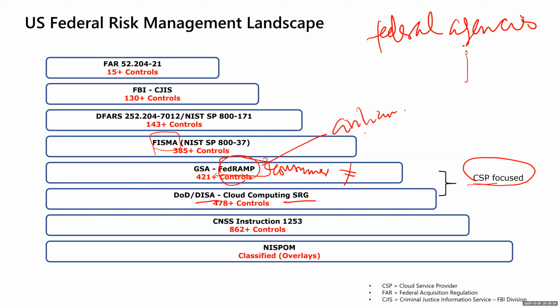Similar to how FedRAMP is for civilians, this DoD SRG is completely CSP focused. And it is overseen by DISA, meaning you keep hearing of AWS GovCloud, you will hear of Microsoft Azure Government, all of these that are serving the government side need to be in compliance with this.